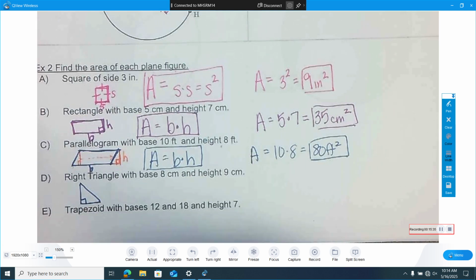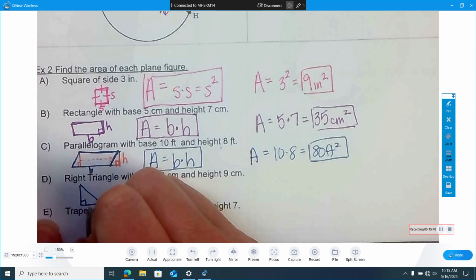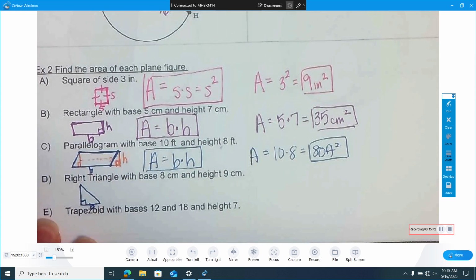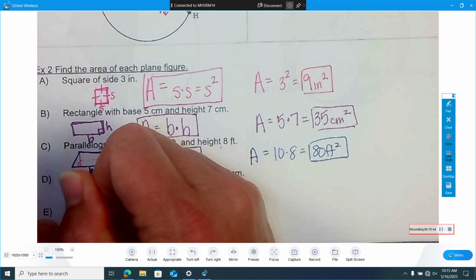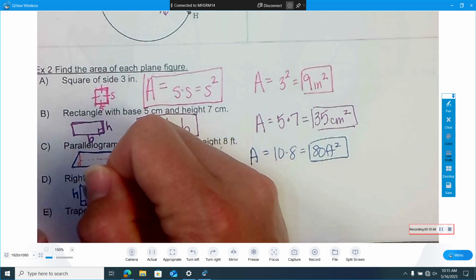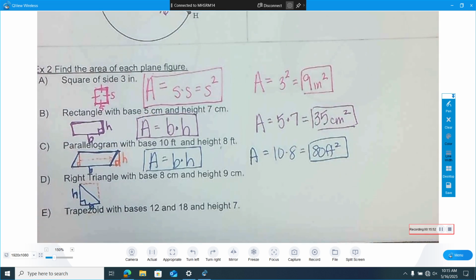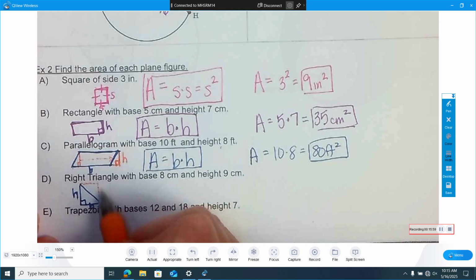What's going on here? Well, if I have a right triangle like this, and I'm going to say again that I have the base B, and this is my lovely little perpendicular height H. Now, you'll notice that if I were to multiply base times height, I would get a full rectangle. Well, what do you notice about this rectangular shape?